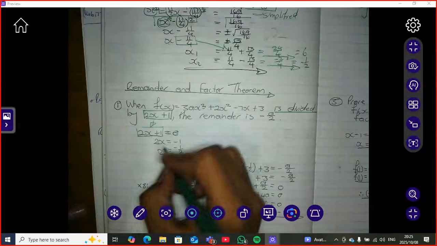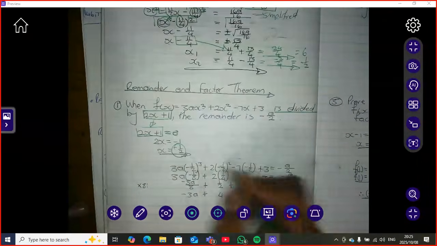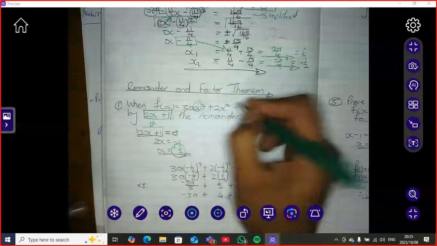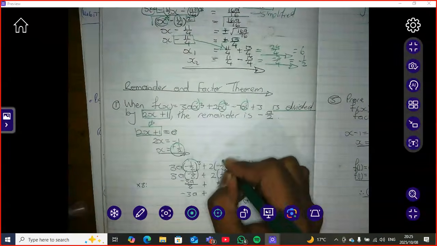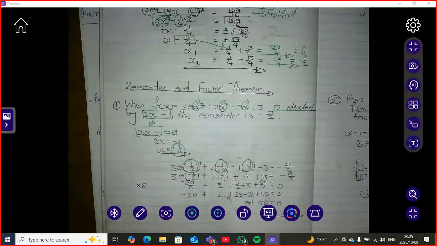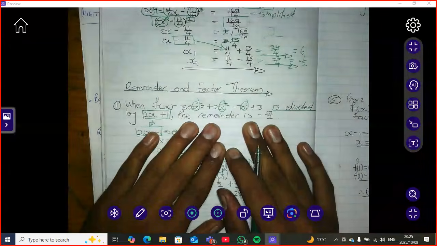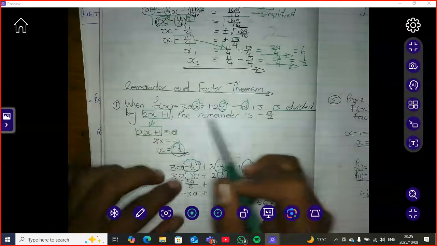Then I take this x value and substitute it in here wherever there's an x. As you can see, there's one, and there's one, and there's one.